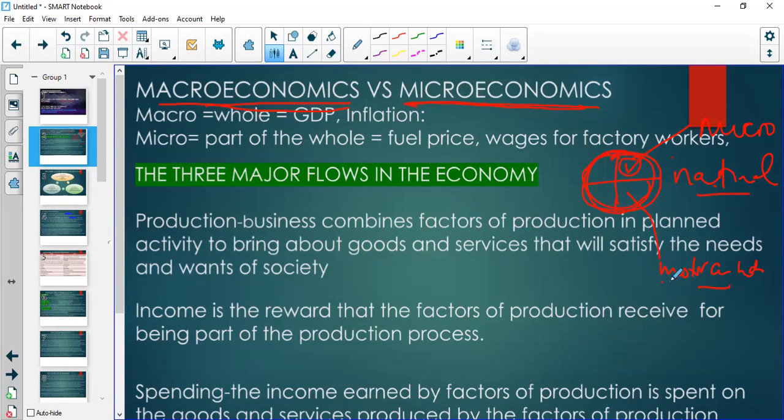So that becomes microeconomics. But let's look at the economy of South Africa. The economy of South Africa is contained in the global economy. So this is South Africa. Now, South Africa, as you can see, is no longer the entire unit. The entire unit is the global economy.